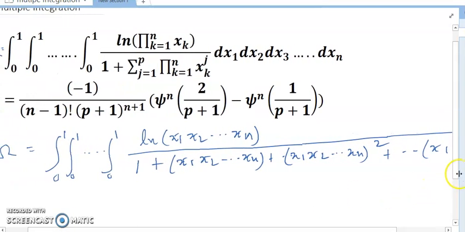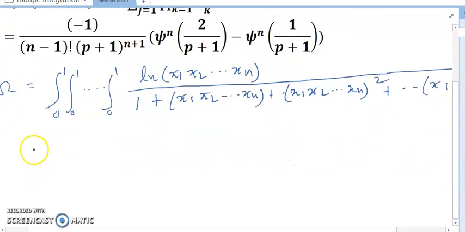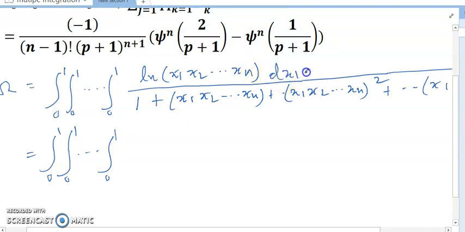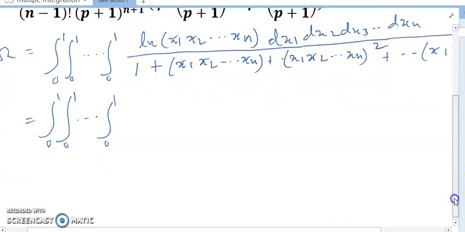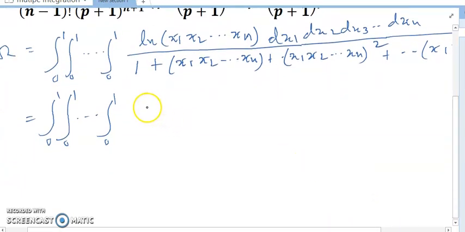Okay, so now it can be written as 0 to 1 and 0 to 1 up to 0 to 1, multiplied with dx1 dx2 dx3 up to dxn. Now I multiply both sides by 1 minus x1 x2 up to xn.